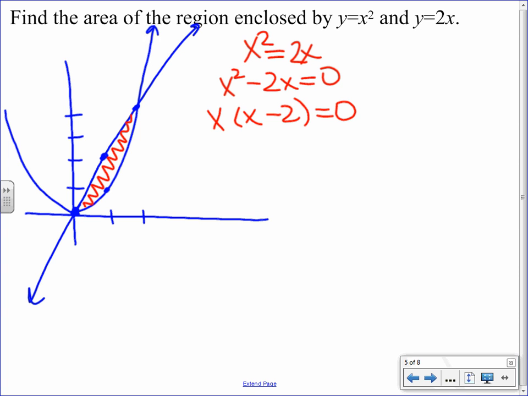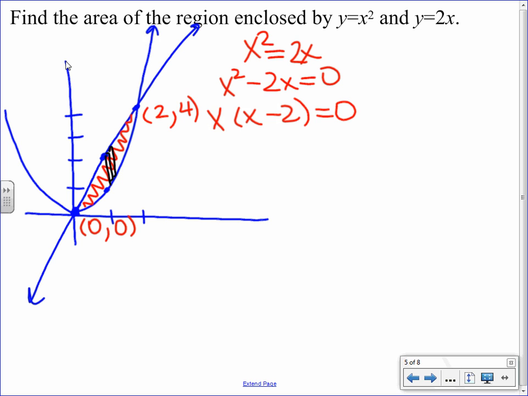Okay, x squared is equal to 2x at 0 and 2. When x is 0, y is 0. When x is 2, y is 4. Doesn't really matter about our y coordinates because we're adding up these vertical rectangles with thickness dx.